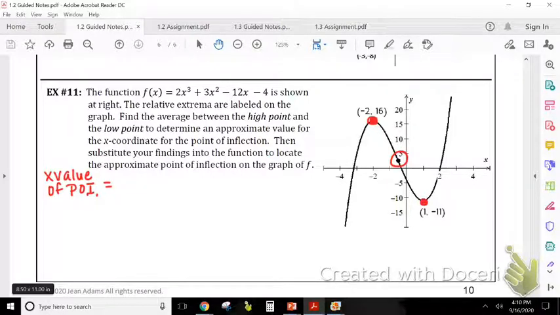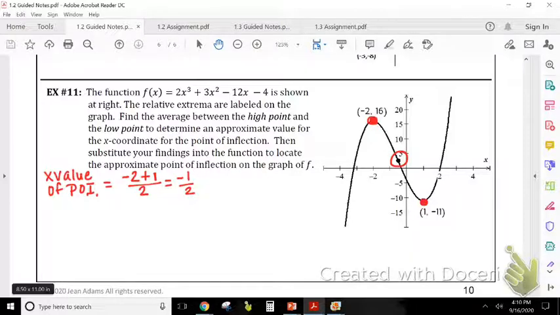And so to find the x value of it, we take the average of those two x's. So the x of my local maximum is negative 2, plus the x of my minimum is 1, and we find the average. So remember, we divide it by however many there are. And so I come out with my x value is going to be negative 1/2.